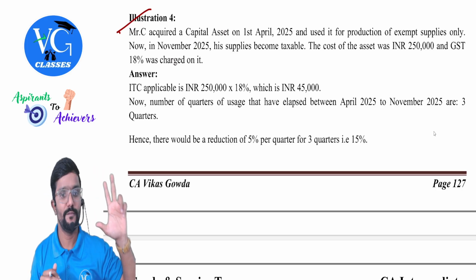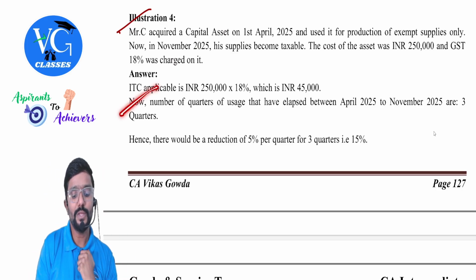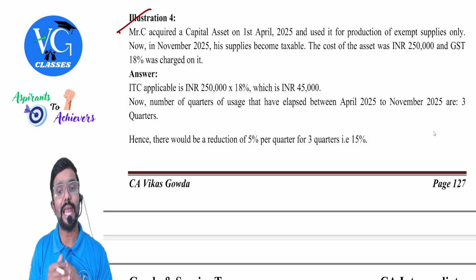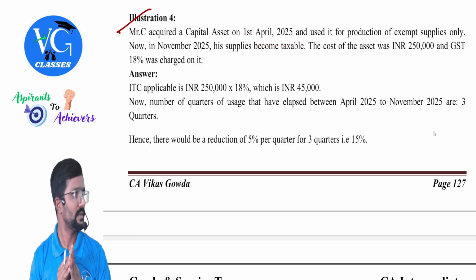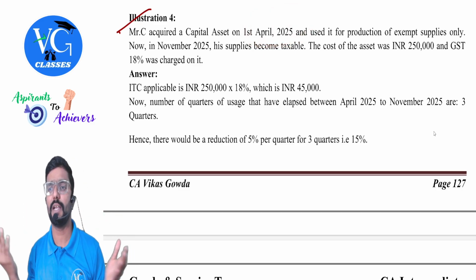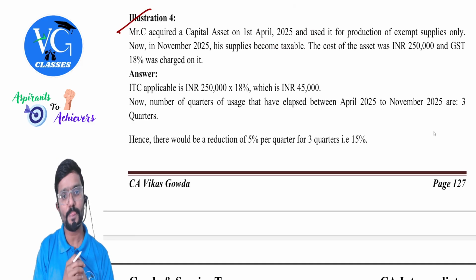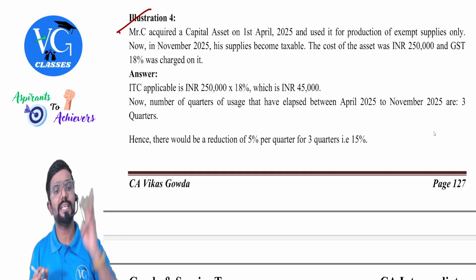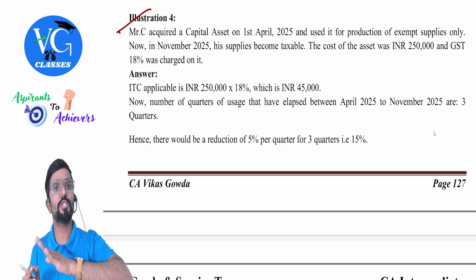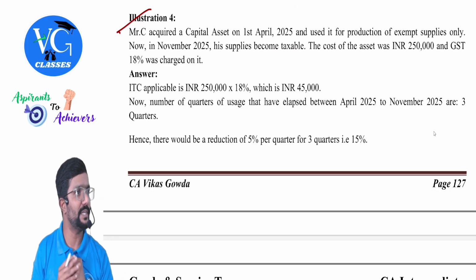15%. Now the number of quarters of usage that have elapsed between the date of purchase, consider that only as date of invoice, or if the date of invoice is given separately, count it from there. Okay. So how much has elapsed between April to November, guys? 3 quarters. Actually, the last quarter is part of the quarter. Still, you take it fully.